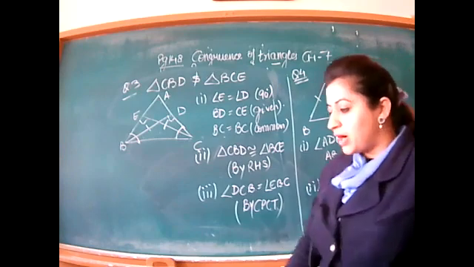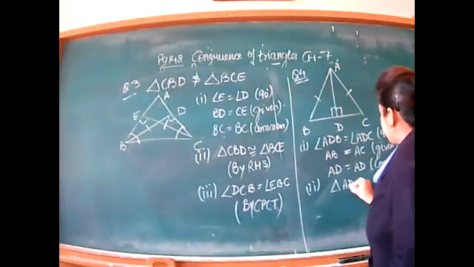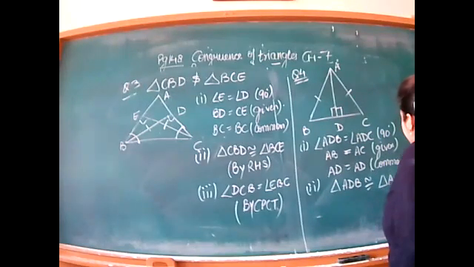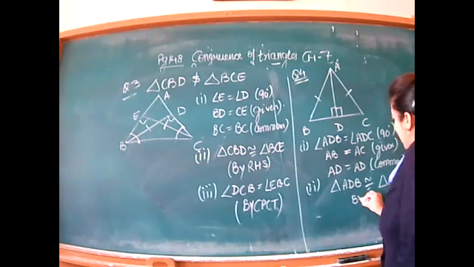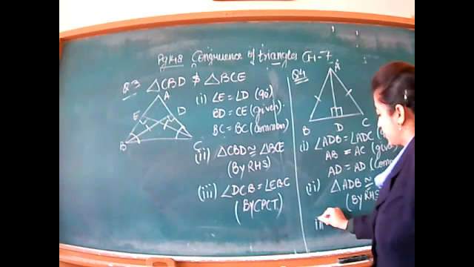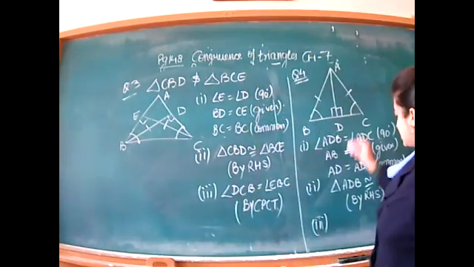Now in the next part, you have to tell me, is triangle ADB congruent to triangle ADC? Yes, by RHS, right angle hypotenuse side. Third part, is angle B equal to angle C?